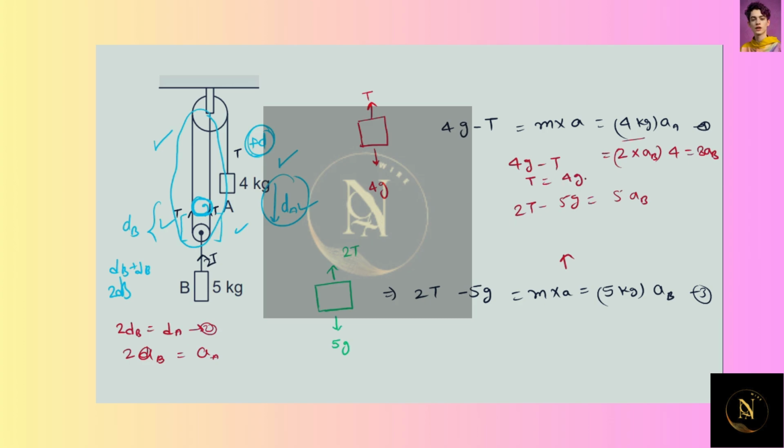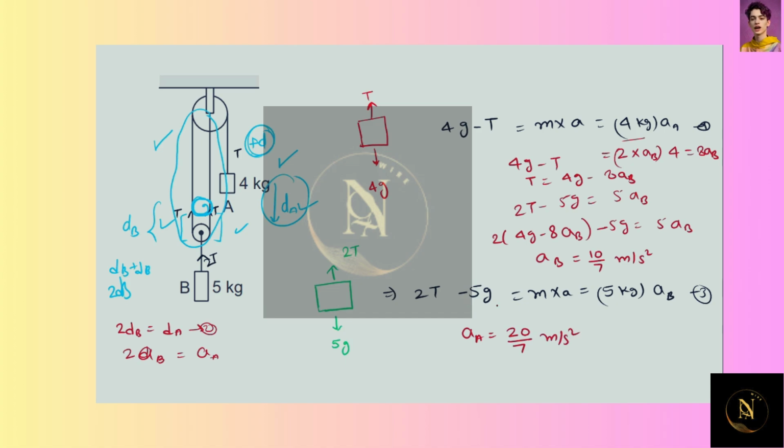T equals 4g minus 8aB. Substituting, 2 times (4g minus 8aB) minus 5g will be equal to 5 times the acceleration of B. After solving this equation, we found the acceleration of B equals 10 upon 7 meter per second square, and the acceleration of A is twice the acceleration of B, so this will be 20 upon 7 meter per second square.